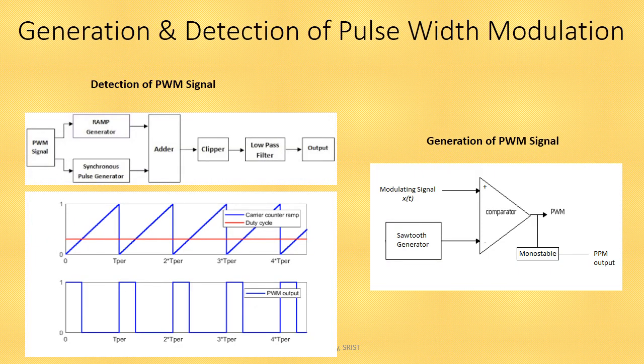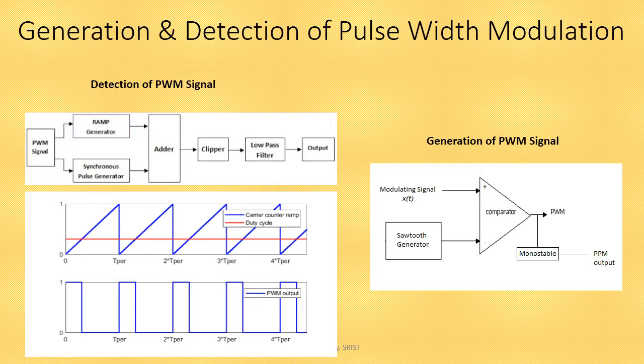And now pulse width modulation. The other type of pulse analog modulation is the pulse width modulation, where the width of the modulated pulse varies in proportion with the amplitude of the modulating signal.